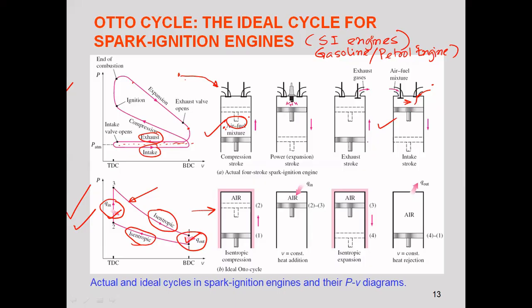Sorry, this process you have to follow, not this one, the third one. So in the third process, exhaust starts at what? Exhaust starts at BDC. At this point, immediately what happens when the exhaust valve is opened?